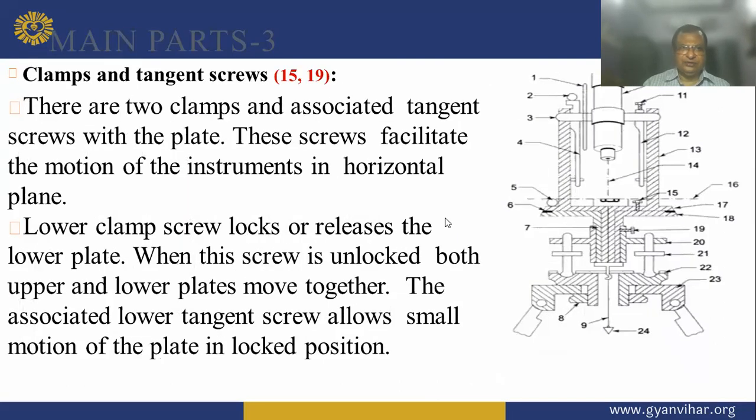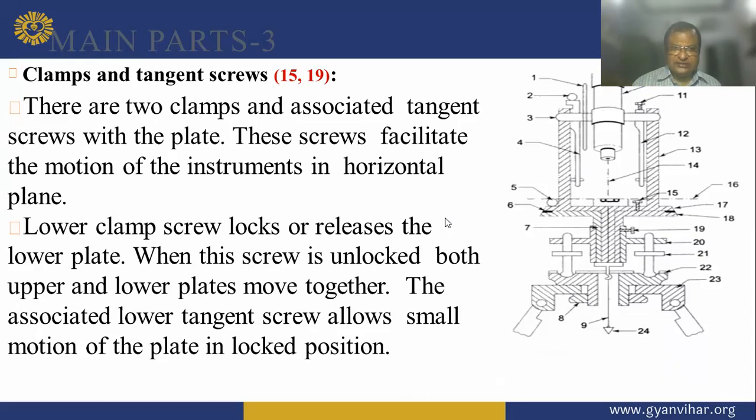Now clamp and tangent screw. There are 2 clamps associated with the tangent screw and the plate. These screws facilitate the motion of the measurement in the horizontal plane.